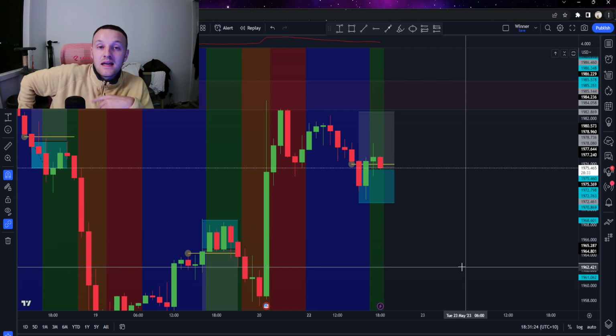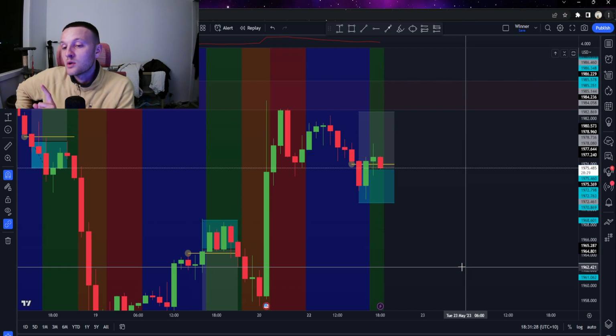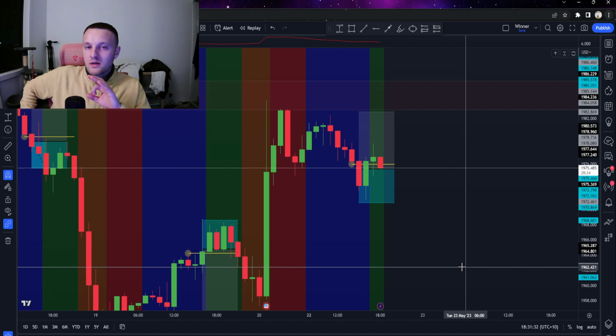We'll see how today's daily candle closes, so we can have an idea of where price can potentially go tomorrow based on today's daily candle. And we'll also look at the 4-hour closures tomorrow during the Asian session to see where price could potentially then head based off those candles, right?